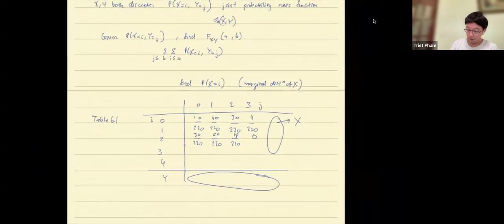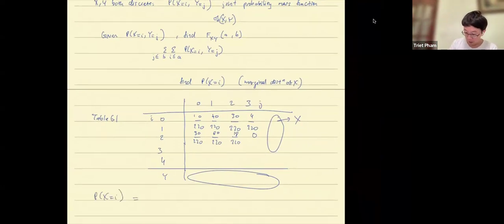Well, you see, from the joint, the marginal can be calculated by summing over all possible values of y. Why so?